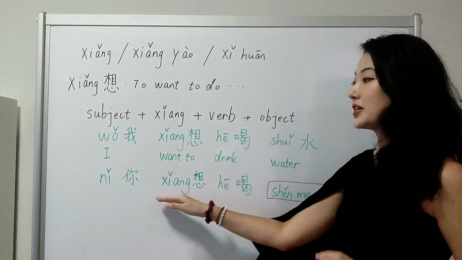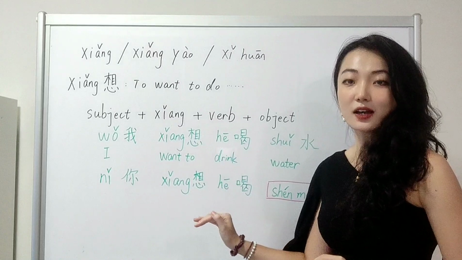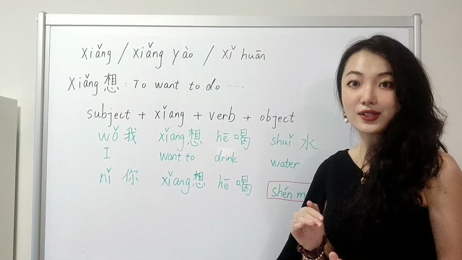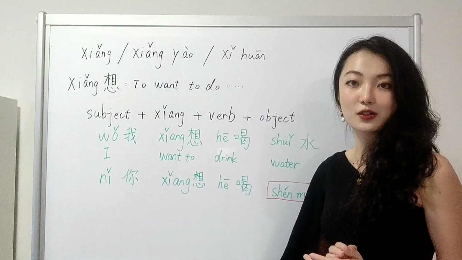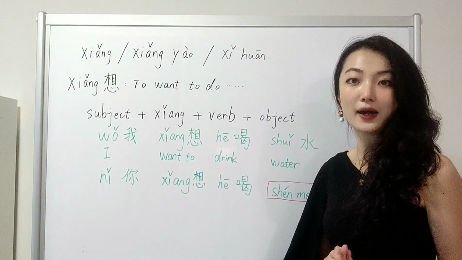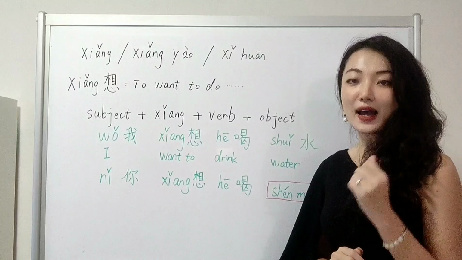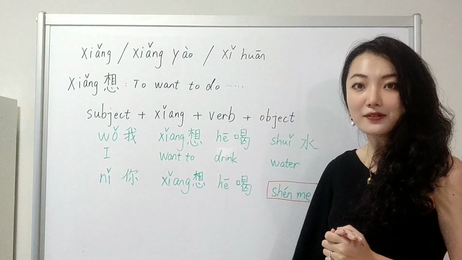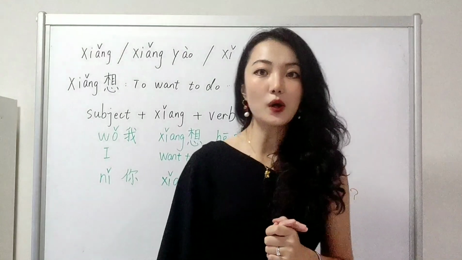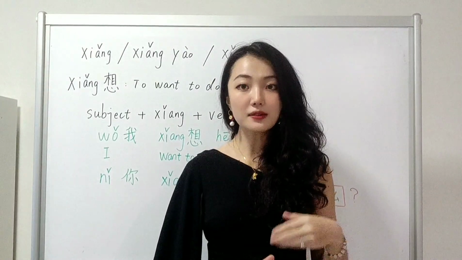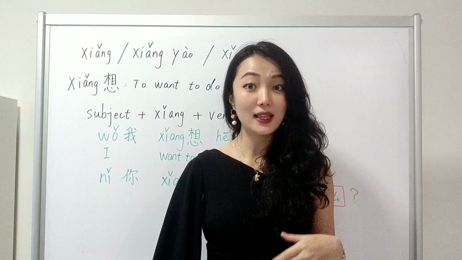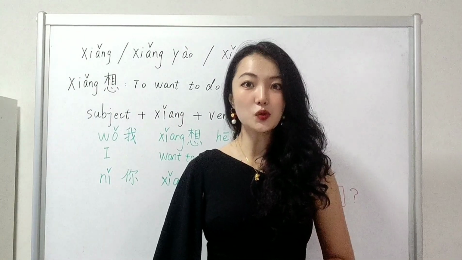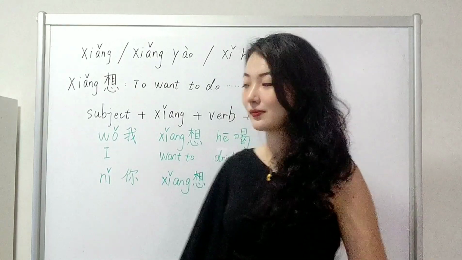We just mentioned that if the question can be answered with a yes or no, or if there are no question qualifiers like what, why, who, then we end the question with 吗. However, if we want to ask a question with question qualifiers like what, then we must not use 吗 at the end.